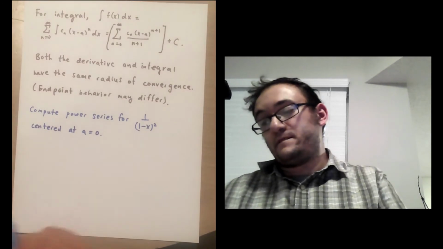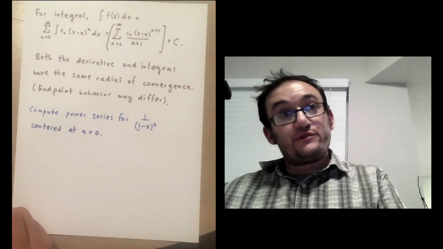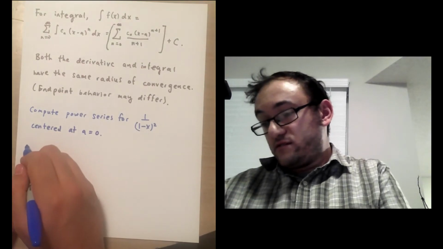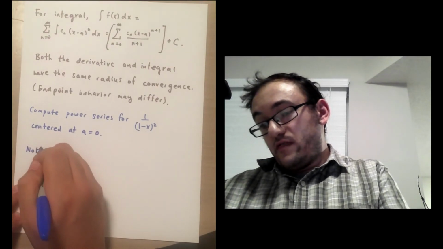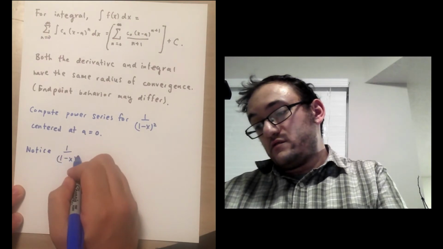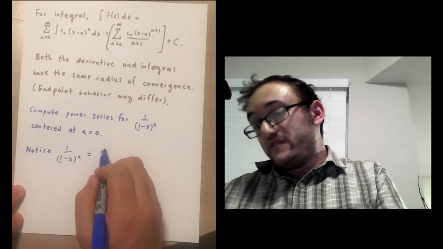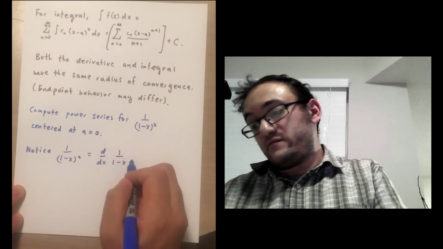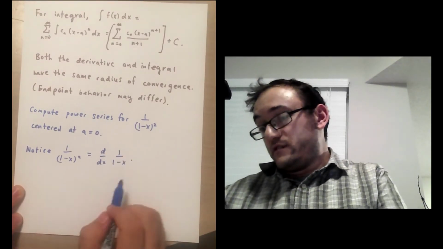Okay. So when we're doing this problem, the key is to notice that 1 over (1 minus x) squared is equal to the derivative of 1 over 1 minus x. Okay, you can check that for yourself.